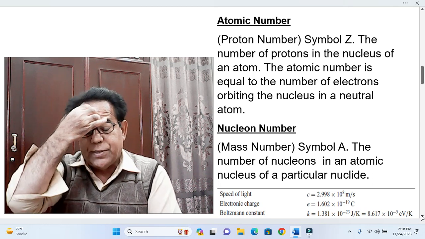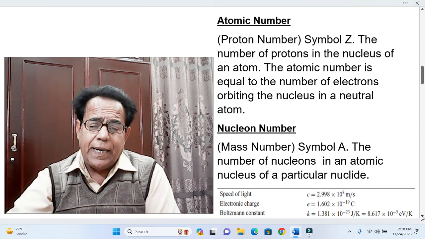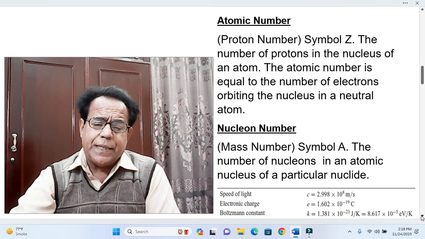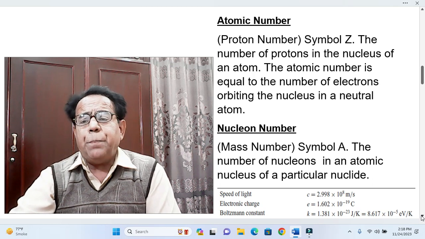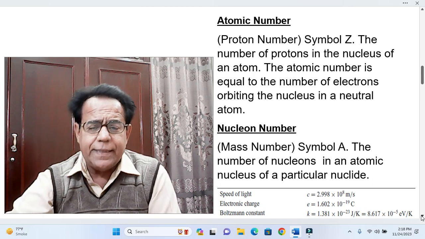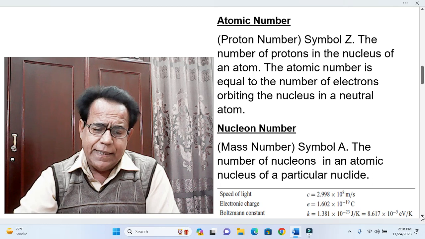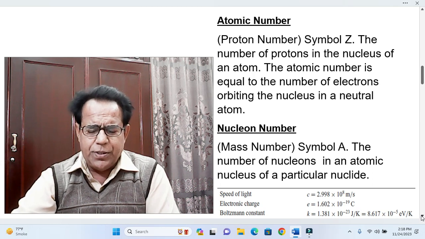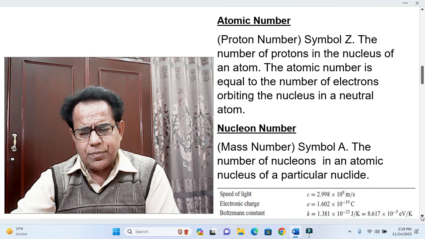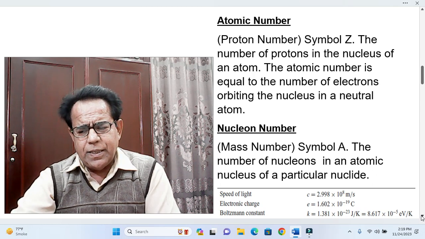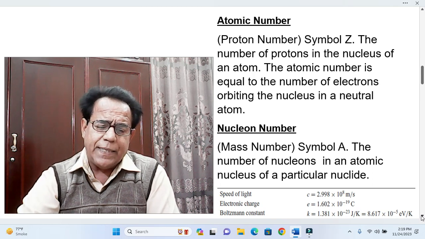Because, dear students, a proton contains positive charge and an electron contains equal negative charge, so in a neutral atom, the number of both these particles is exactly the same. That is why the overall charge is zero. A neutral atom has an equal number of protons and electrons.